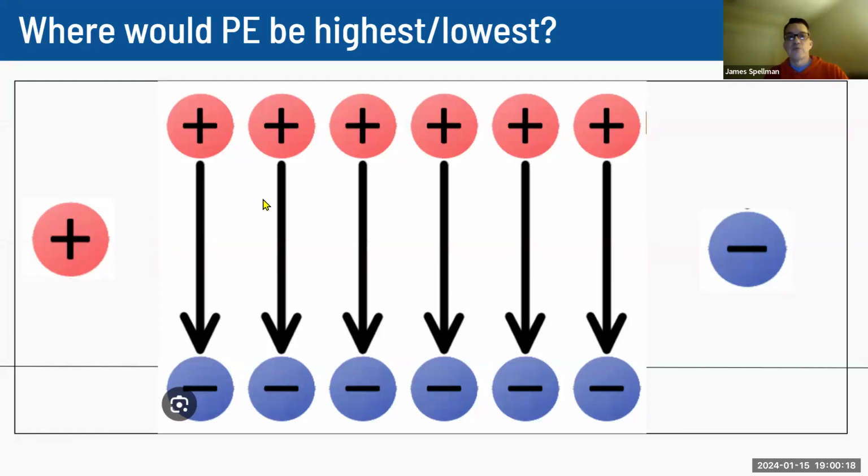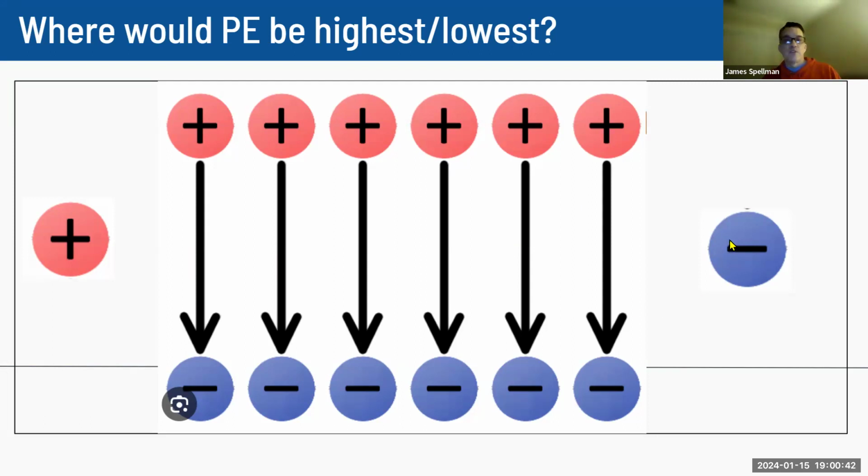The highest potential energy would be moving this proton, if this is a proton, over here to the other positive charges, because positives and positives are going to push each other away. If I could get it as close to these two middle charges as possible, it would be repelled all the way down to the bottom. So its potential energy would be the highest up here. Its potential energy would be the lowest down here, hanging out with the negative charges.